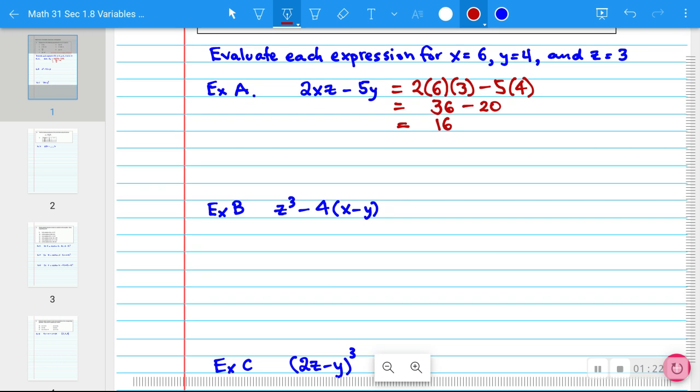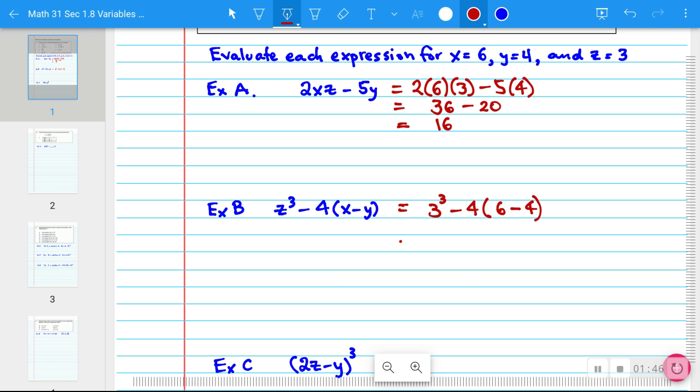Okay, example B, z cubed minus 4 times the quantity x minus y. So we'll start with z being 3, and we'll cube that. And then 4 times x minus y. X minus y would be 6 minus 4 if we're using the values we were given in the instructions.